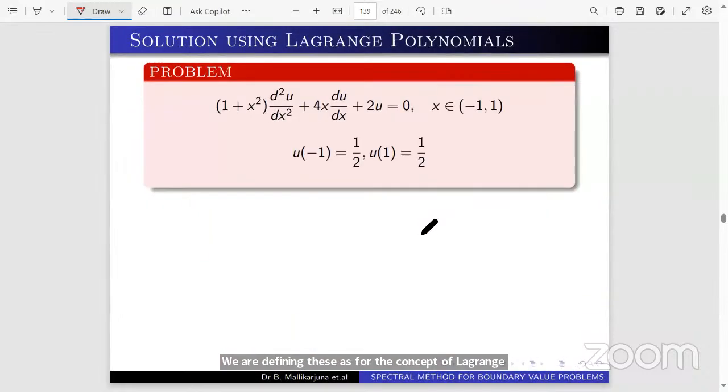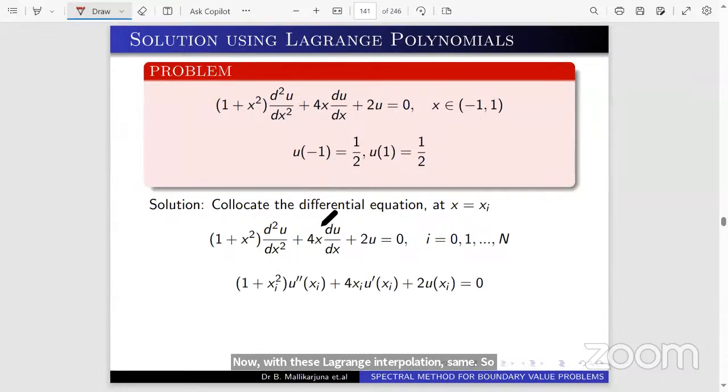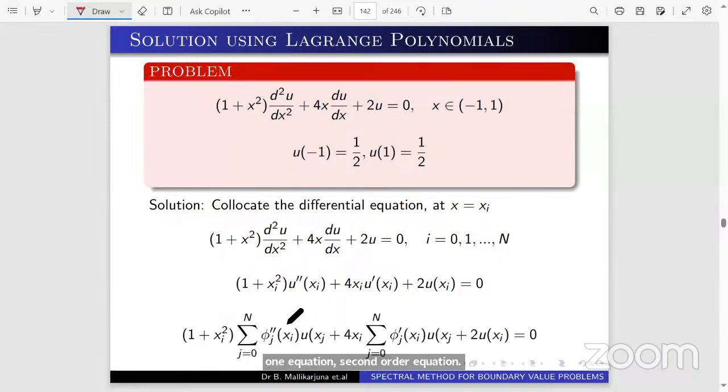Now, with this Lagrange interpolation, this is one equation, a second order equation, taking the short form of these derivatives, approximating these with these polynomials.